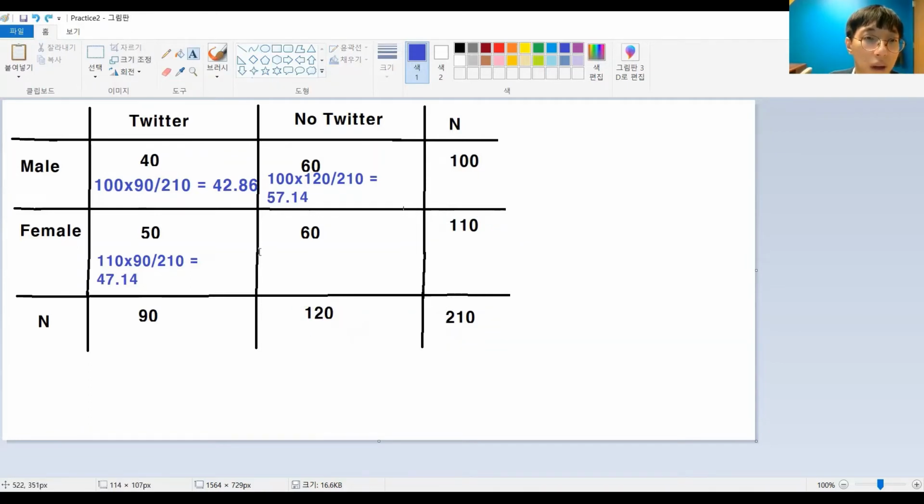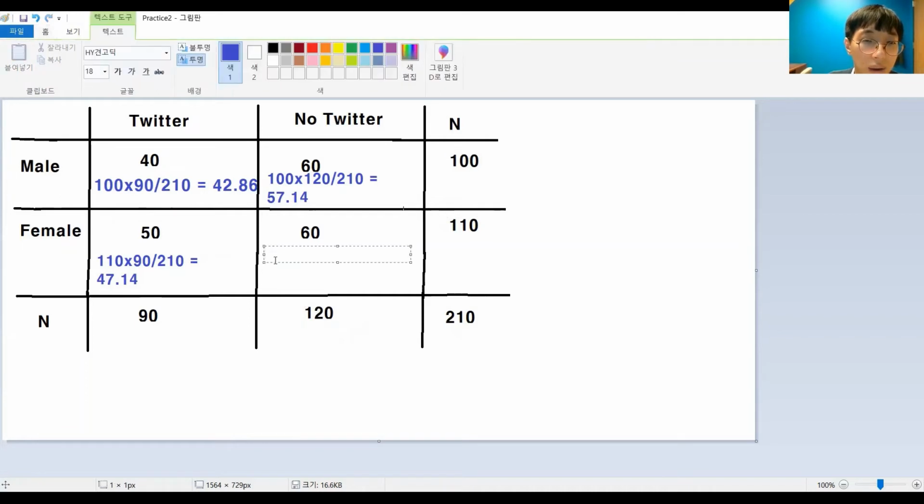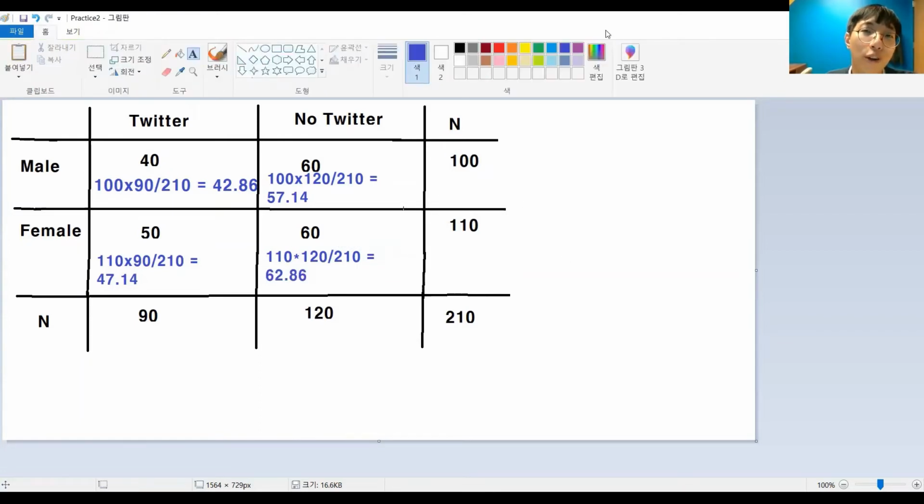So, 110 times 120 divided by 210. The number is, I already calculated, 62.86. So in this way, you calculate the observed frequency and expected frequency.